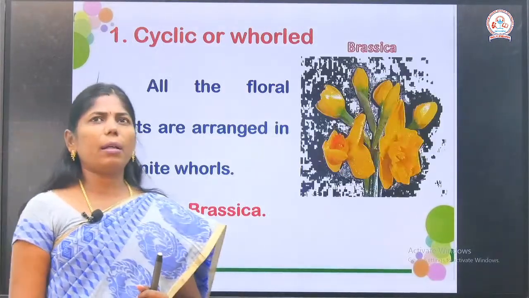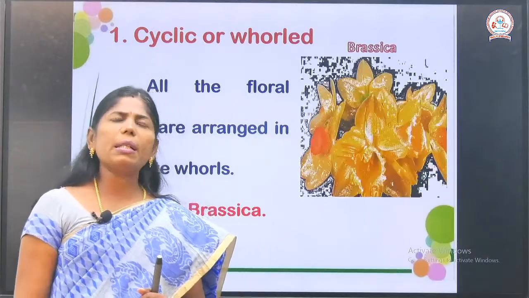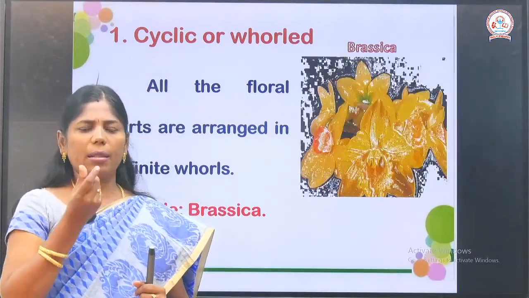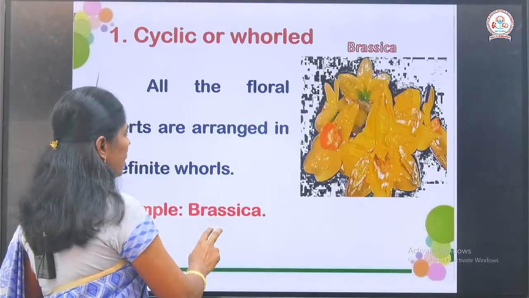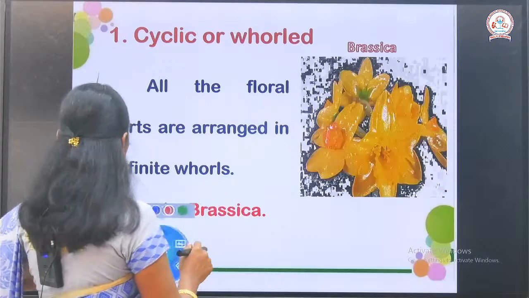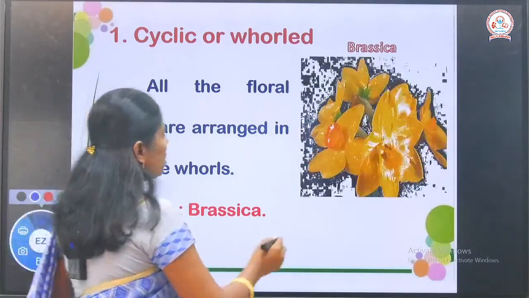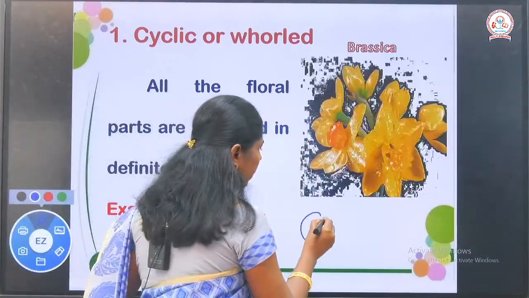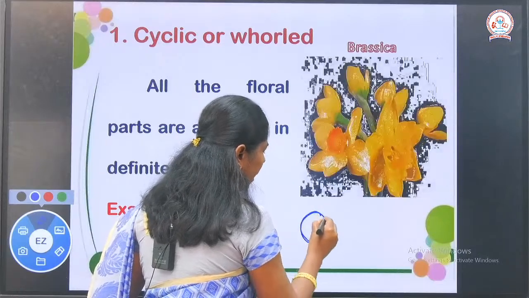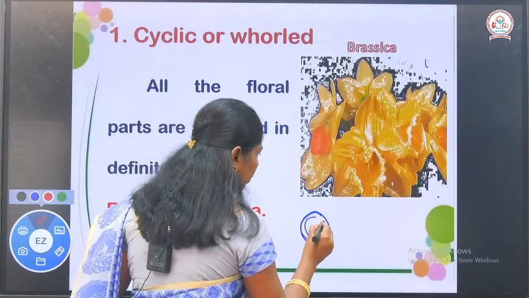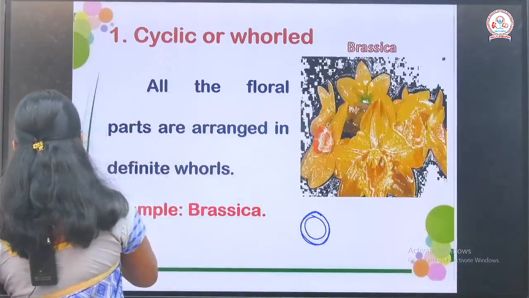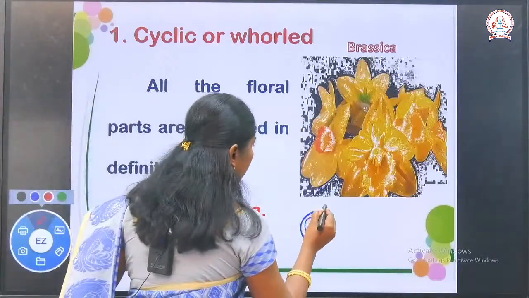Next, cyclic or whorl arrangement. Already I said that the floral parts are arranged in a cyclic manner, which means the first whorl is here, the calyx. The second whorl is your corolla.